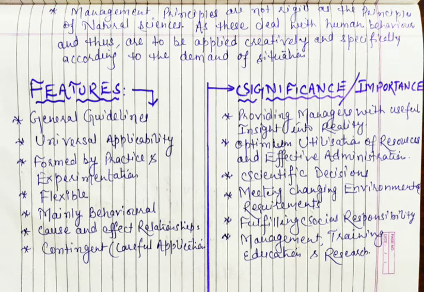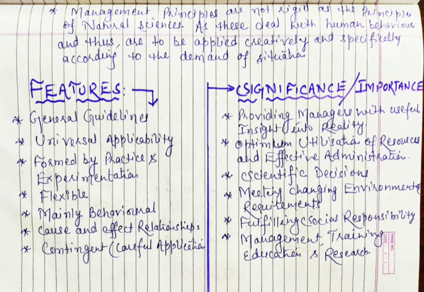But how much is fair for them, what is just and fair, is determined by so many factors like their contribution, paying capacity of employer, and other considerations. So there are so many factors which affect.